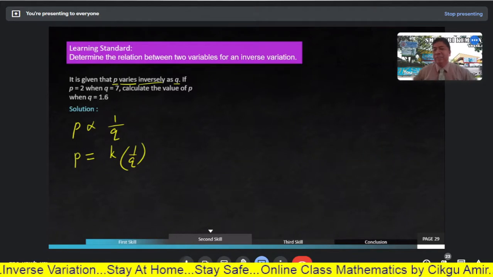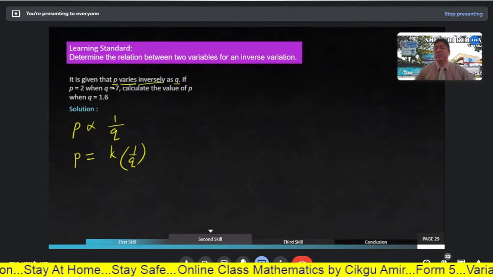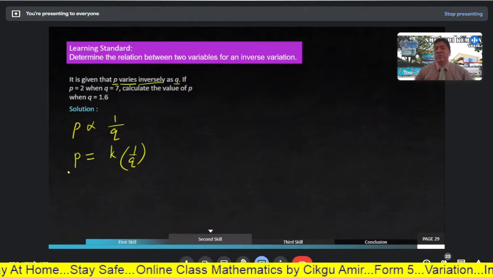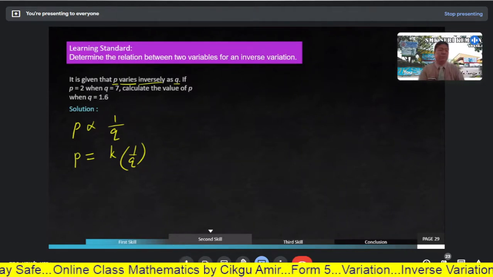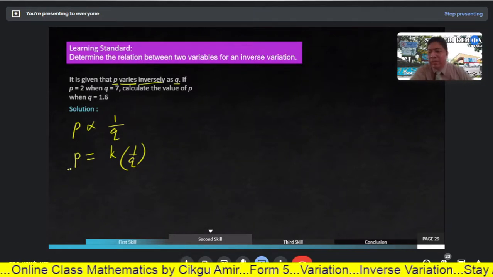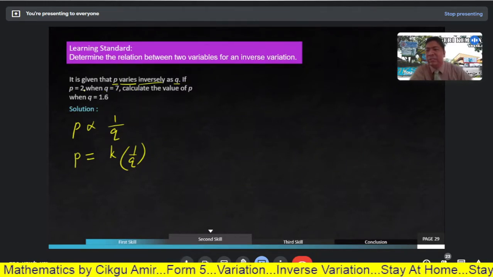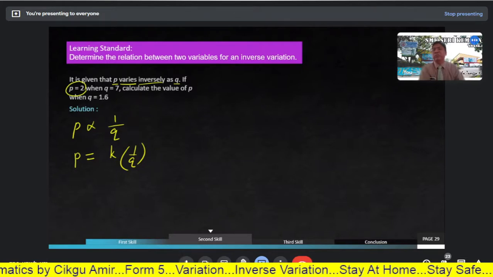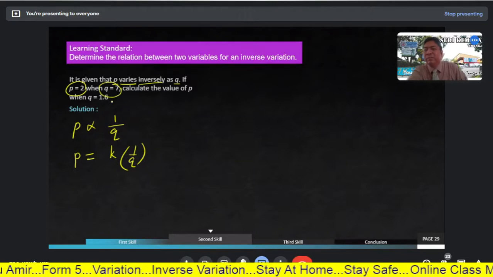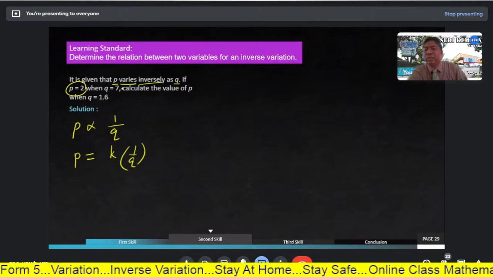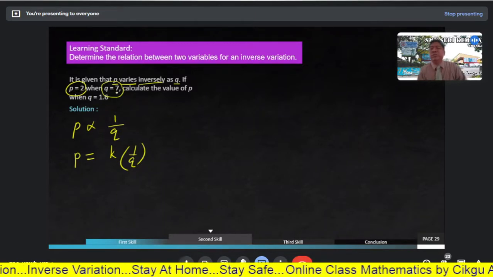Third step, we want to substitute all the values of P and Q to find the value of K. In the question, P is equal to 2 when Q is equal to 7.